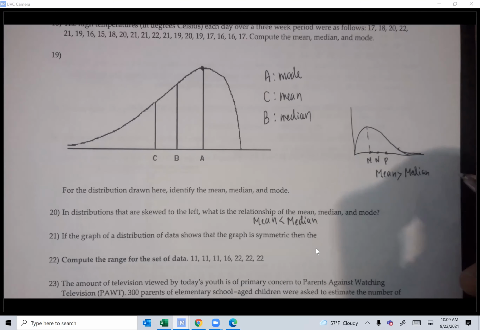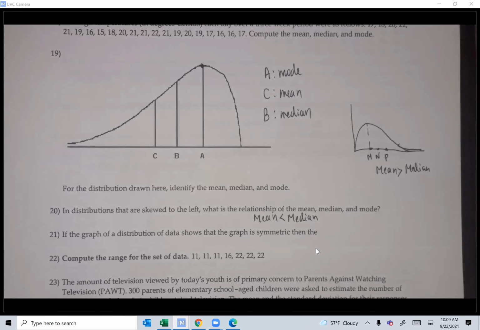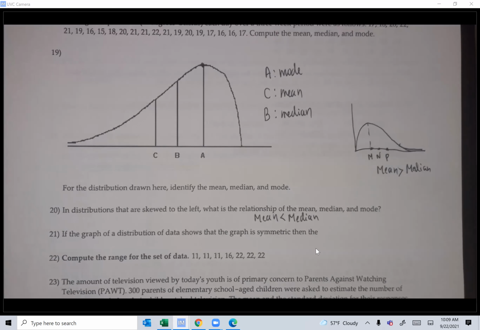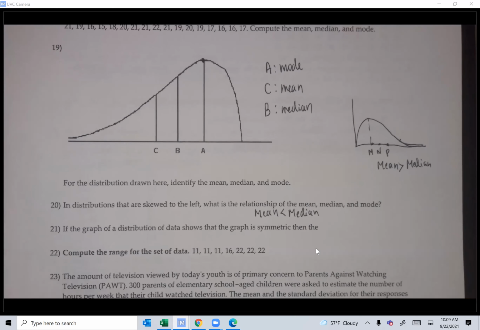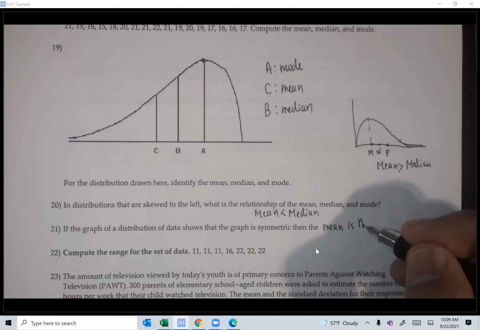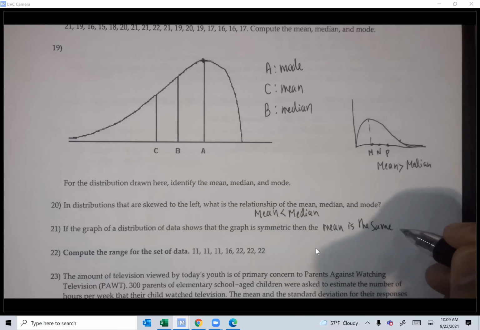You don't need to know their values, but you can. And the mode is the value at the peak. If the graph of a distribution of data shows that the graph is symmetric, then the mean is the same as the median.